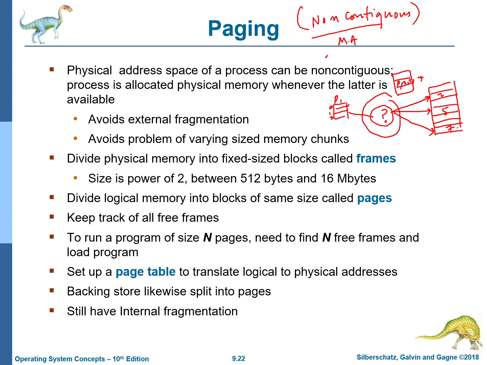So whenever you want to access this, you use the page table. The page table helps you to locate the process inside the physical memory.